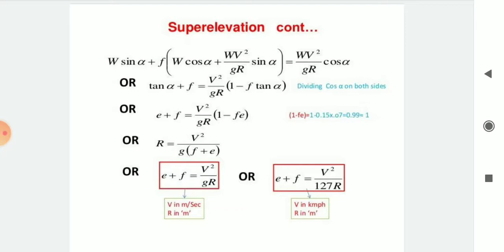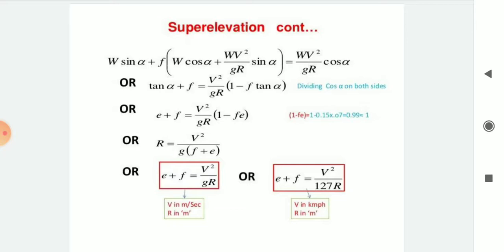Or by dividing by cos alpha on both sides, we can get tan alpha plus F is equal to V square upon GR into 1 minus F tan alpha. So 1 minus F tan alpha is equal to 1 minus 0.15 into 0.07, that is approximately equal to 1.